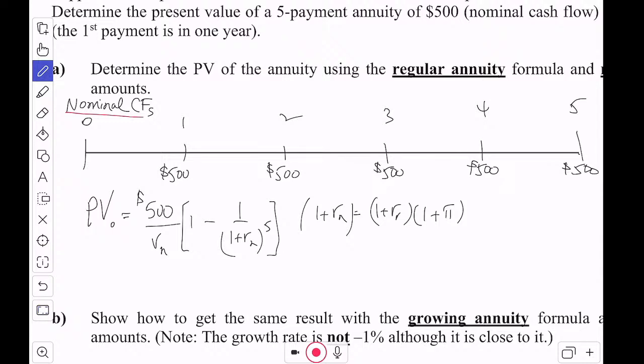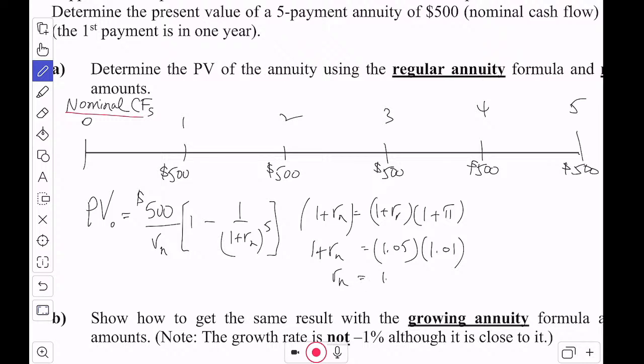And I want to find, from a real rate of 5% with inflation of 2%, no, 1%, the nominal rate.